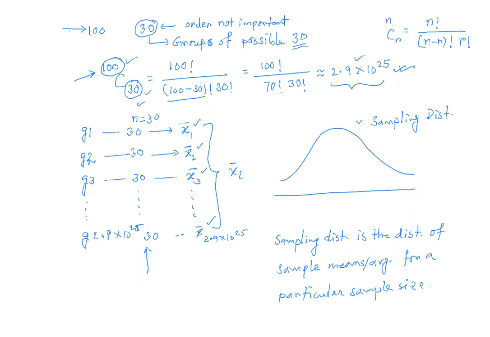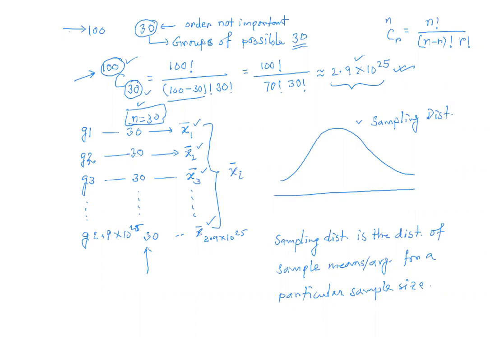In our case, that particular sample size is n equal to 30. So that is what we mean when we say the sampling distribution: the distribution of all the sample averages.